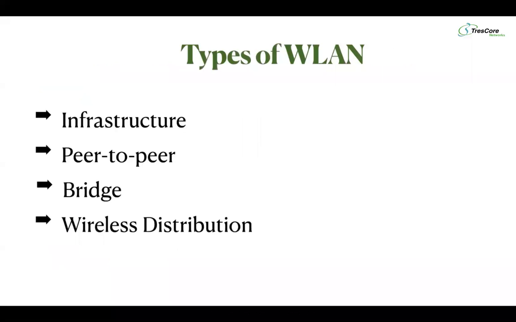Okay, I think we are on time. Types of WLAN. So we've been talking about Wi-Fi, right? Wi-Fi is just a communication standard that shows how you communicate. But when it comes to WLAN, this is the one that you see most often, wireless local area network.